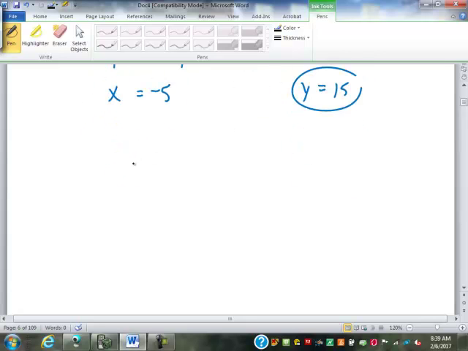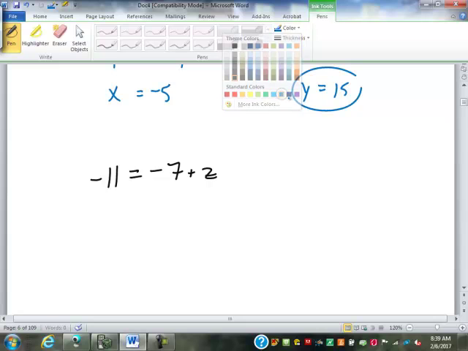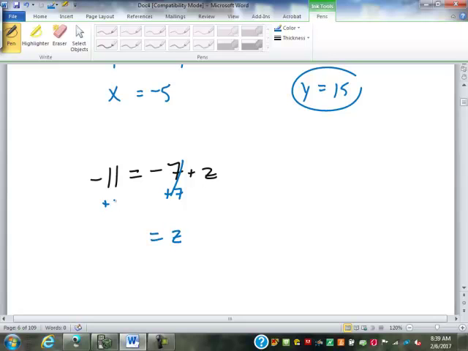Or we might have negative 11 equals negative 7 plus z. What do we have to do there? Add 7. Leaves it with just z. Negative 11 plus 7. Negative 4.